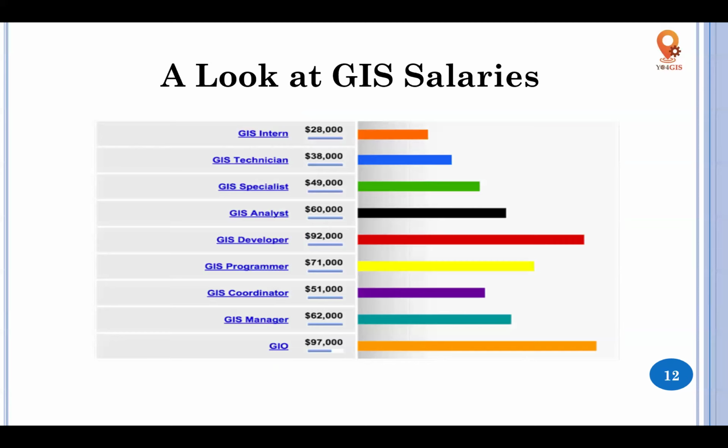If you look here in the graph, this is the data we have just collected, and here you can see in the GIS domain, the people who are from the GIS development side or working as GIS developers are in a very happy situation.